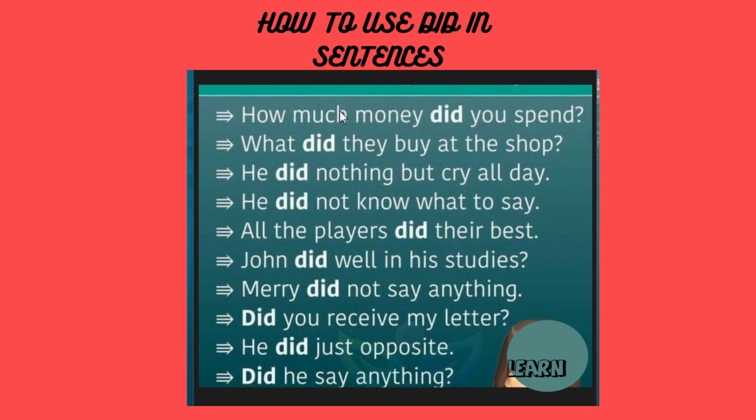Here, how much money did you spend? This means that the person asking wanted to know how much money the other person spent. This action happened in the past, so it's already finished. That's when we use the simple past tense. So this person wanted to know how much money someone spent to buy something, or it can be anything, but that person already spent some money.